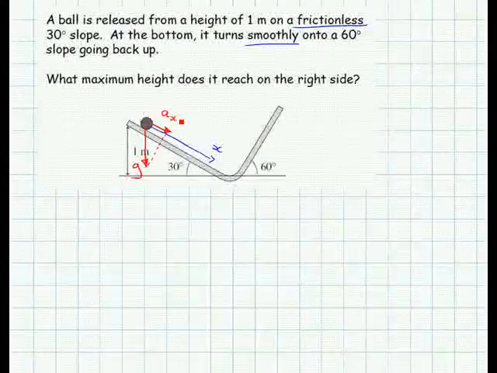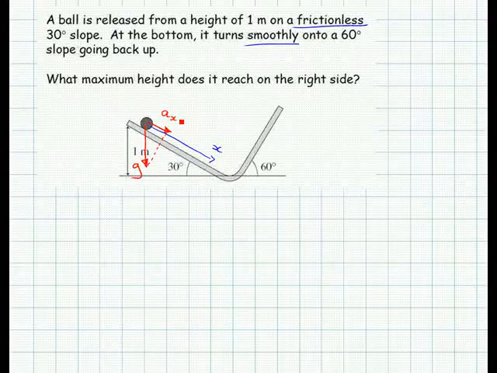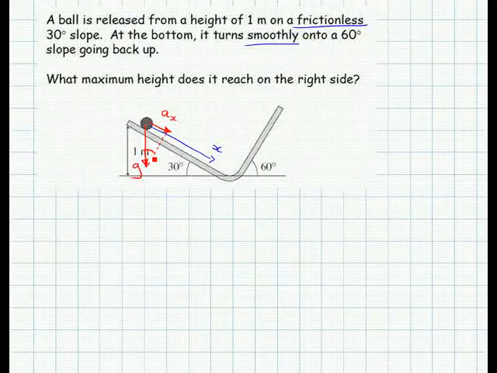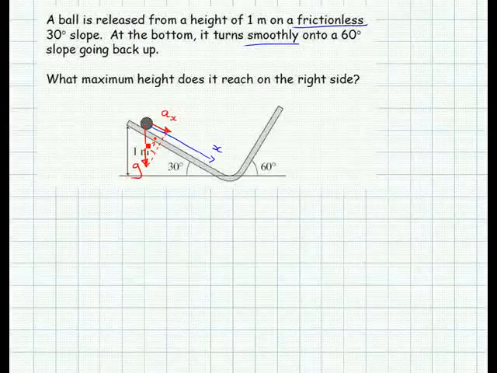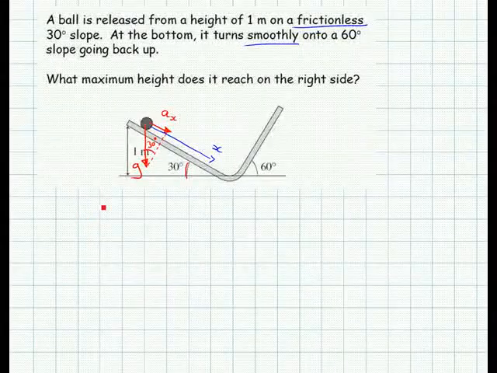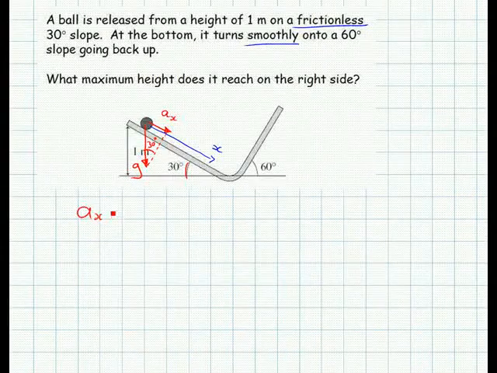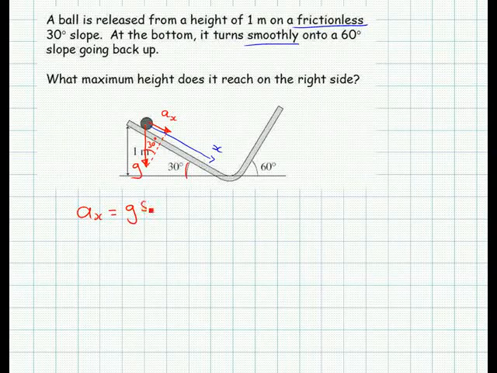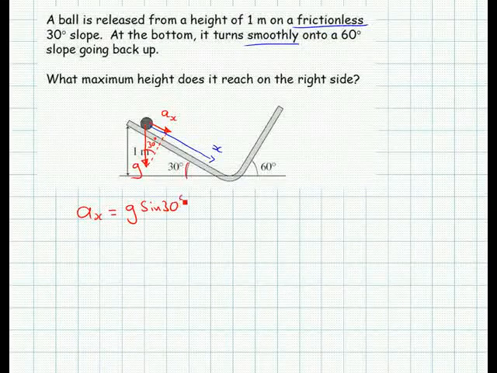And looking at the red triangle that I have here, of course this angle is also 30 degrees, same as the angle of the slope, which tells us that our ax is equal to g sine of 30 degrees.